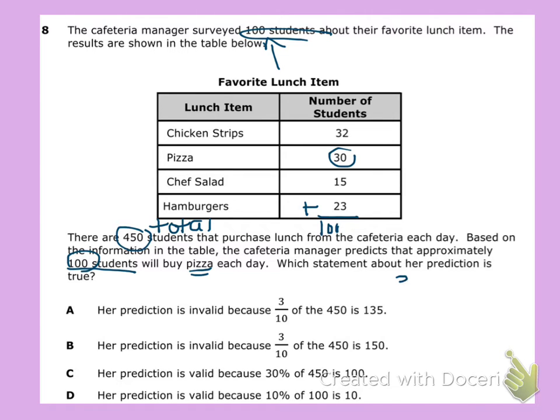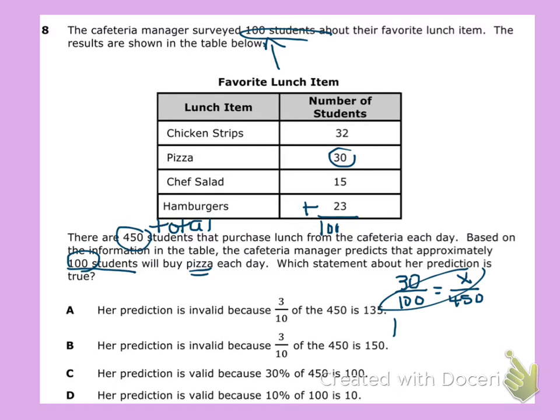That would be 30 out of 100. Good. It says, well, what if there were 450 students? Okay, so instead of reading her predictions, let's solve the proportion and see if we can get an answer that will help us. Okay.